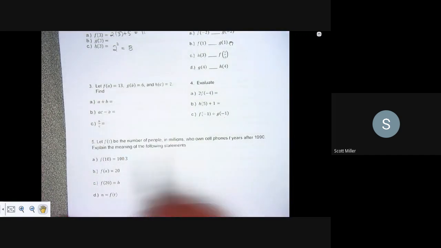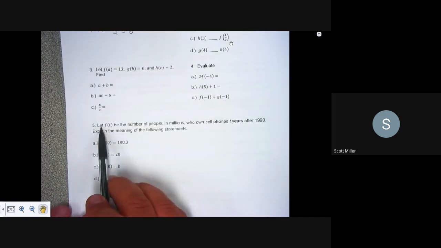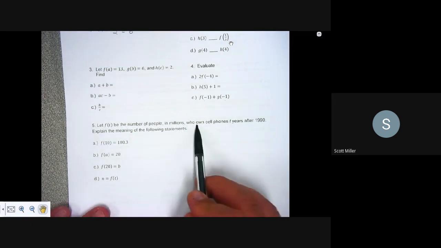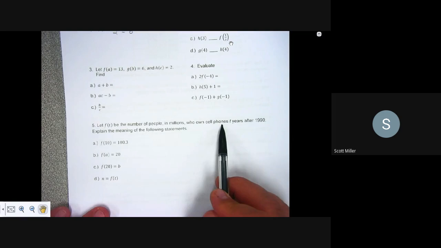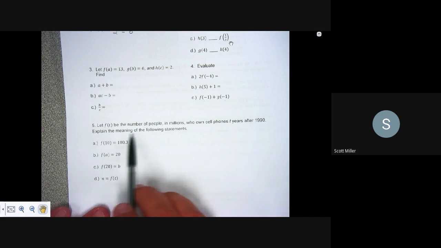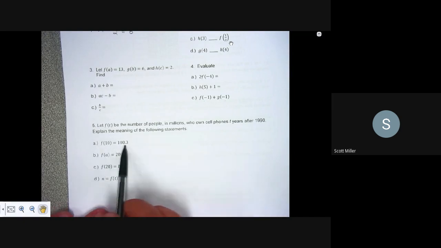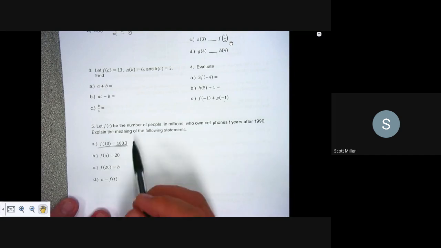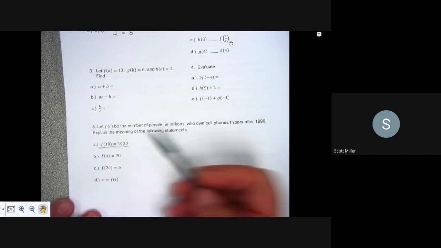And then this one is a people one. This is kind of like how it works in the real world. So let f of t be the number of people in millions who own cell phones t years after 1990. Explain the meaning of the following statement. So what does this mean then in context to that story? Well, f of t is the number of people in millions.